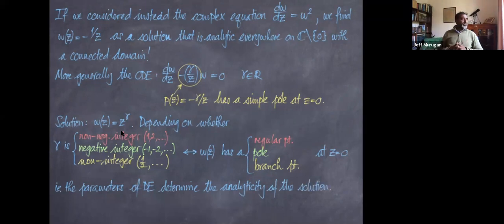So without actually solving the differential equation at all, and again, I grant you that this is a rather trivial differential equation, but the lesson that we're learning from here is actually universal. By just staring at the coefficients of the differential equation, we're going to be able to say whether or not the solution at a particular point is regular, has a branch point, or a pole, and even the order of the pole, by just looking at the coefficients of the differential equation.